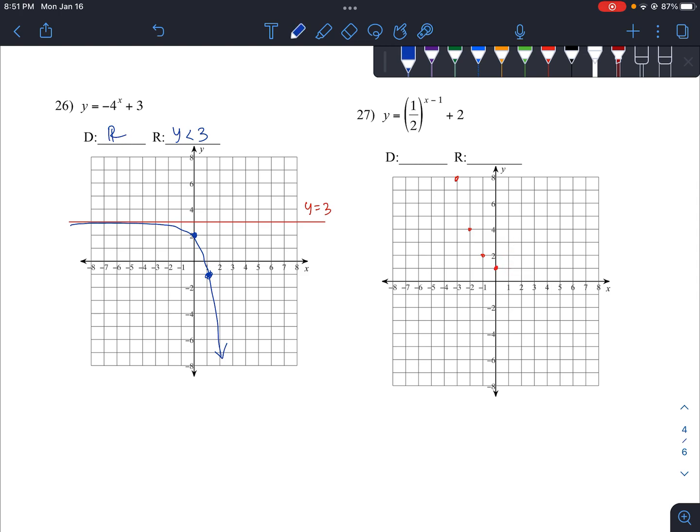So this point right here will be right 1 and up 2, right 1 and up 2, right 1 and up 2, right 1 and up 2. That one will be off the graph. Get rid of those. The asymptote, which would be here, will be moved up 2 units. And there we go. We have our graph ready to go.